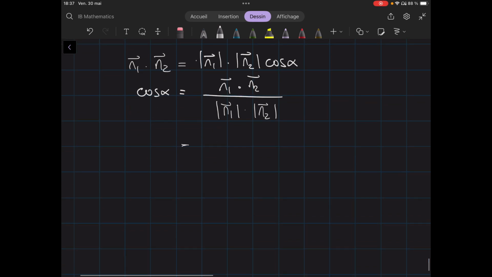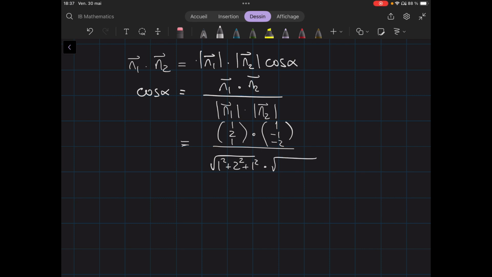N1 is a normal vector of pi1, and we can read off this normal vector. It is 1, 2, and 1. Likewise, n2 is equal to 1, -1, and -2. The magnitude of n1 is the square root of 1 squared plus 2 squared plus 1 squared. The magnitude of n2 can be calculated in a similar way.